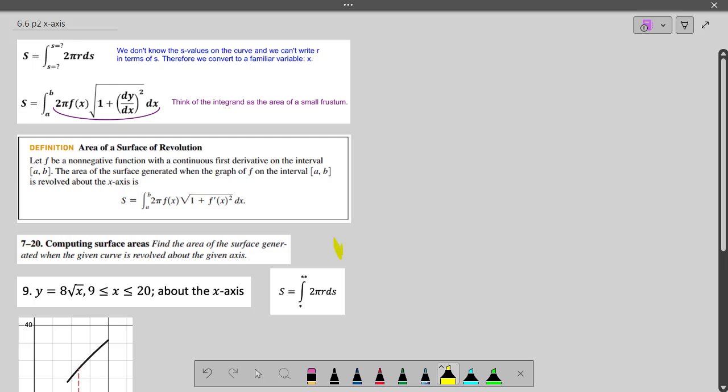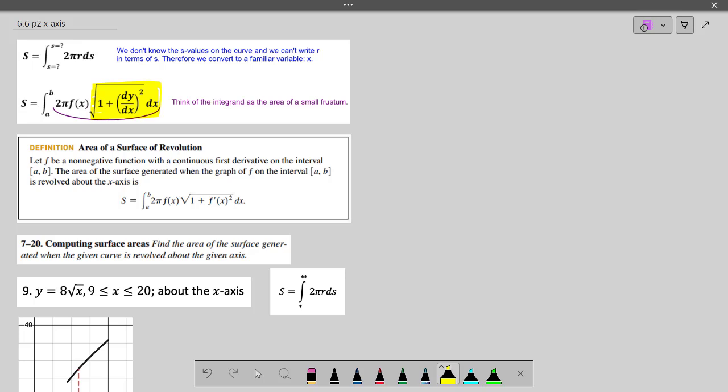So we need to take away the ds and convert it to either a dx or a dy, depending on what our perspective is, vertical or horizontal. And so the ds is going to equal exactly what it equaled for our arc length formula. ds is going to turn into this square root thing right here. There is ds. The same thing that it was for arc length.